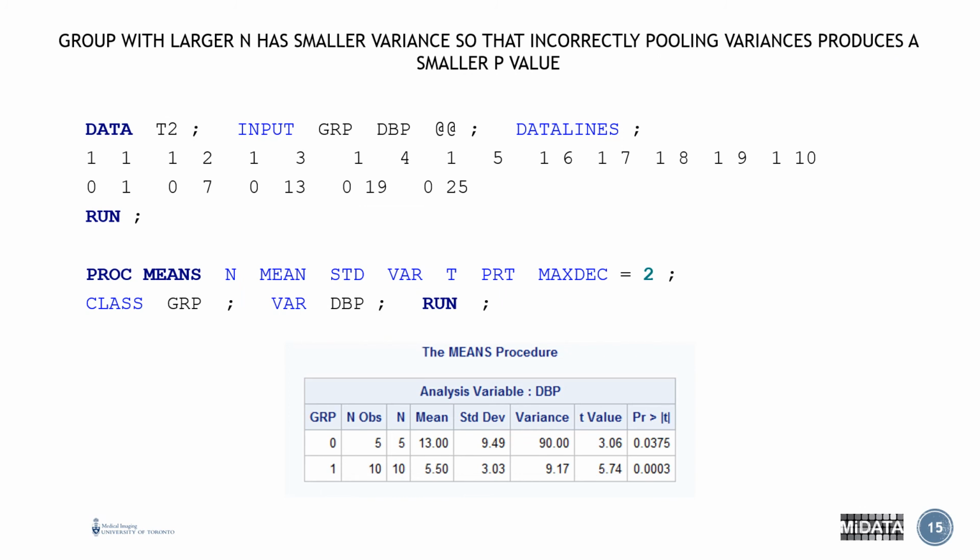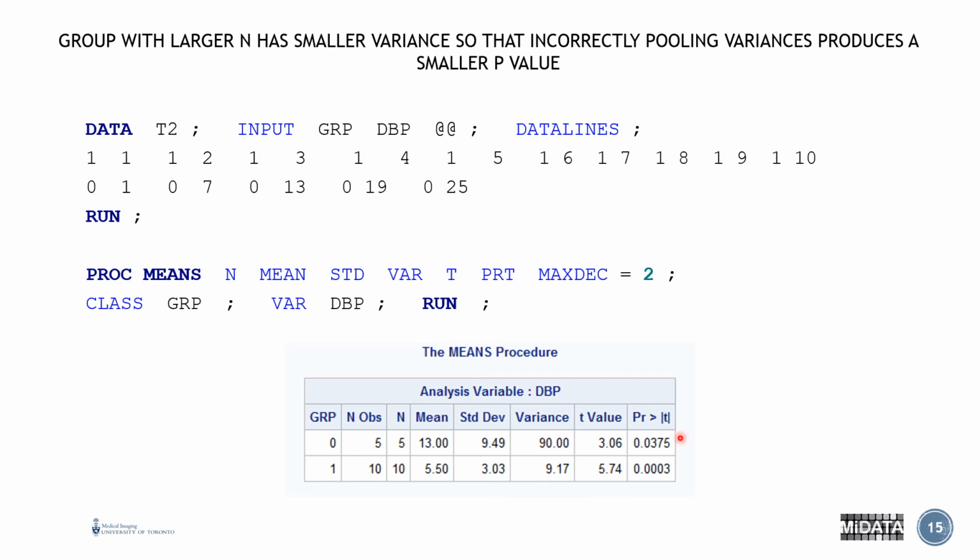All right, let's do this again, but this time the group with the larger sample size has the smaller variance. Last time it had the larger variance. And in this case, once again, incorrectly pooling the variances will produce a smaller p-value. Okay, here's the data. Same deal, except the data has changed a little bit in order for us to switch the variance around.